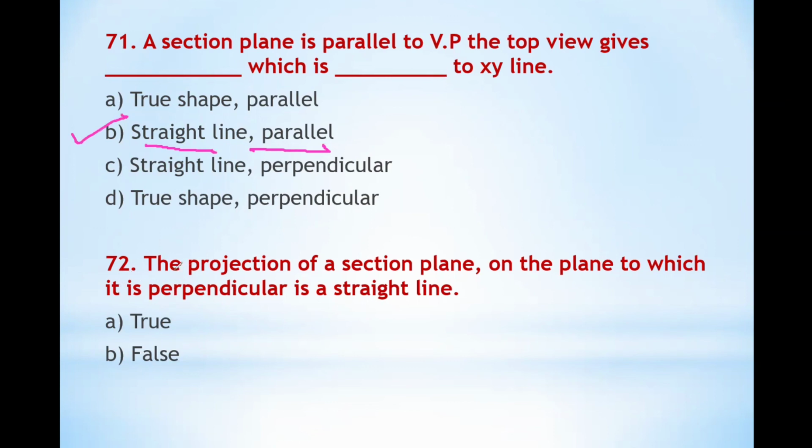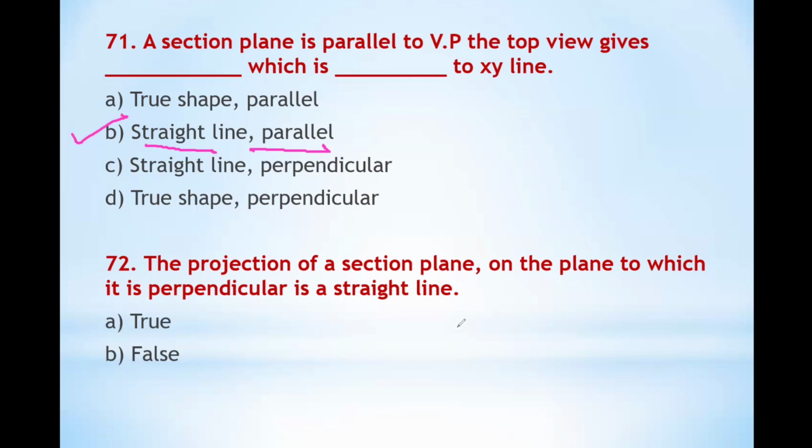Okay, now next one, the projection of a section plane on the plane to which it is perpendicular is a straight line. It's the correct one. It's a very simple statement. What does it mean? Suppose I take the example of one section plane or cutting plane.